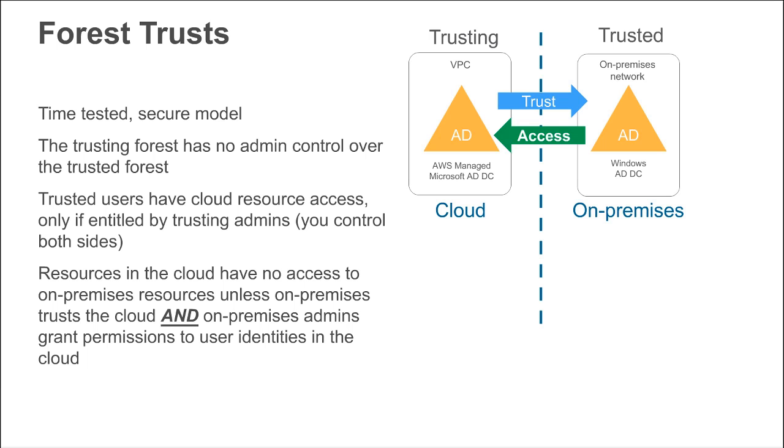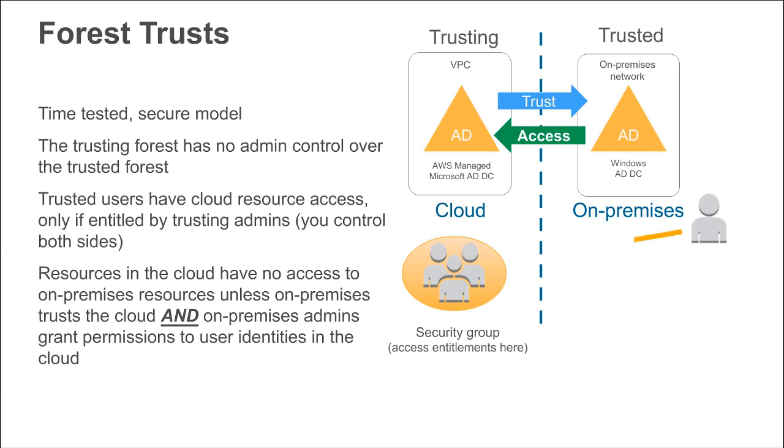Now, the way that you manage this typically is you create a security group that's in the cloud, and those security groups are used by the resources in the cloud. So as an example, let's say you have RDS SQL Server that you're using with the AWS Microsoft AD. You would create a security group that RDS SQL Server uses to authorize access to the tables.